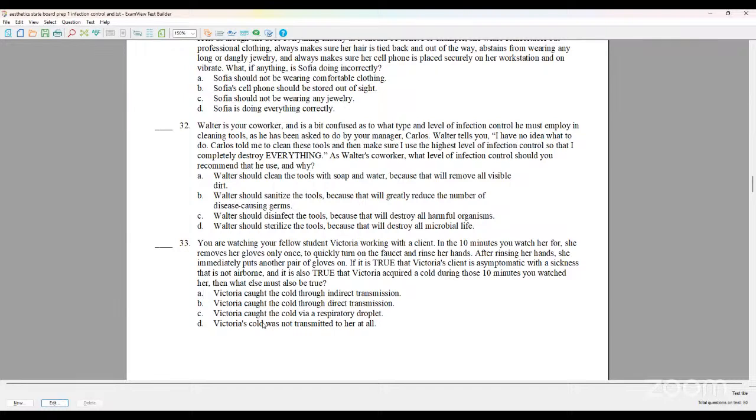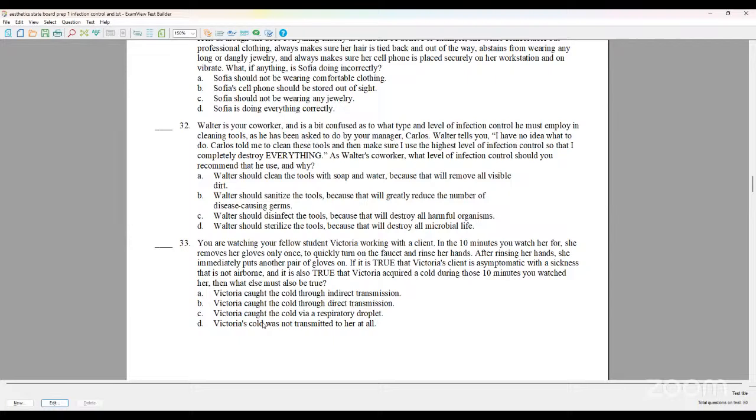Direct can go right to a person, person to person. Indirect, it transferred, but I caught it through something that they touched or something in the air. So it's indirect transmission. 33 is indirect transmission. You're right.